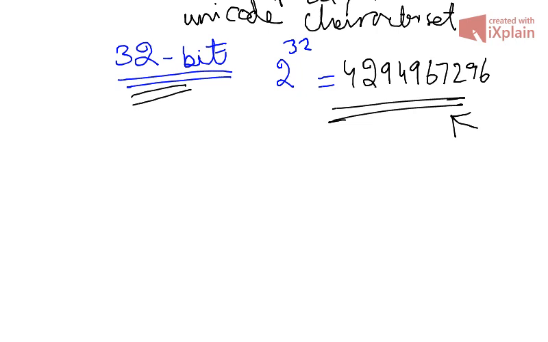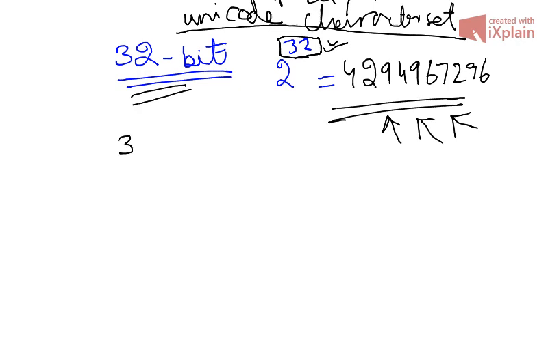Now this Unicode character set was introduced for saving all the unique shapes or unique alphabets of different international languages. But now the memory requirement is much more, because each alphabet is saved in 32 bits.